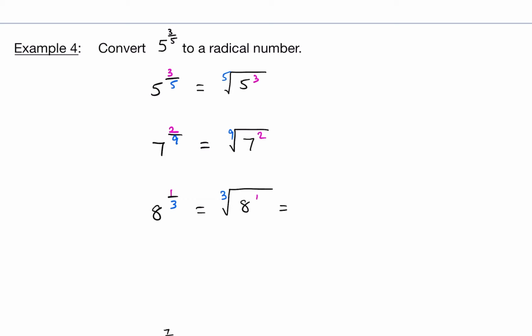This is equal to the cube root of 2 times 2 times 2. 8 breaks down to 2 times 2 times 2. That is equivalent to the cube root of 2 cubed, which is equal to 2 to the 3/3 power, which is equal to 2 to the 1 power, and that is equal to 2.